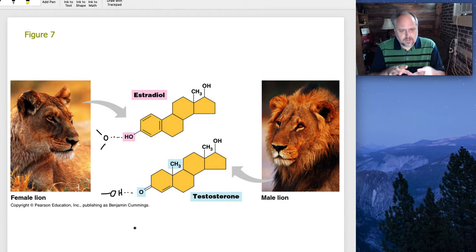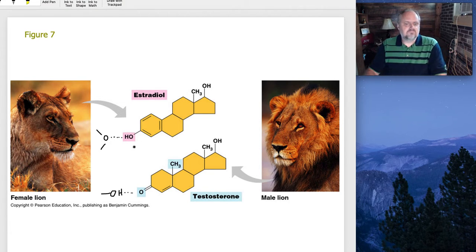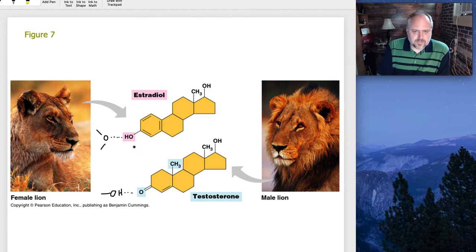And so this ability to distinguish between this hydrogen bond and that hydrogen bond is perfect, it's specific, and it allows us to tell the difference between testosterone and estrogen, whether we're a receptor for testosterone or a receptor for estrogen.